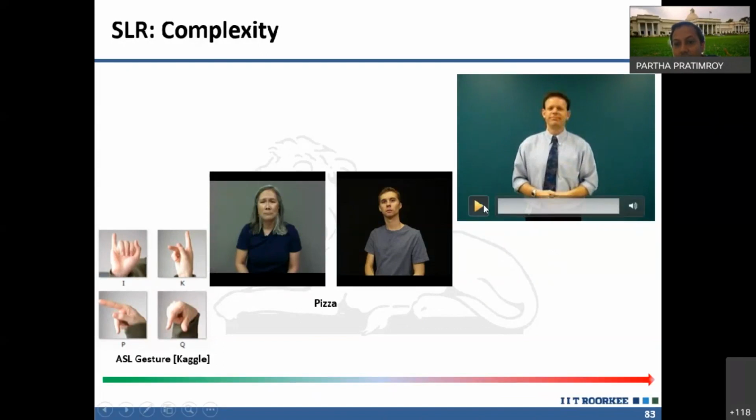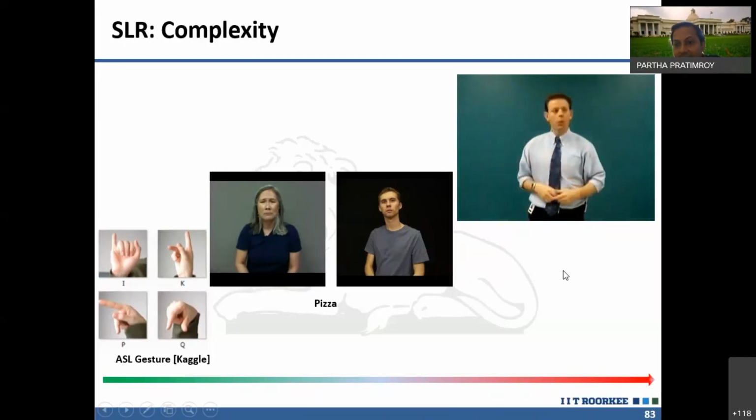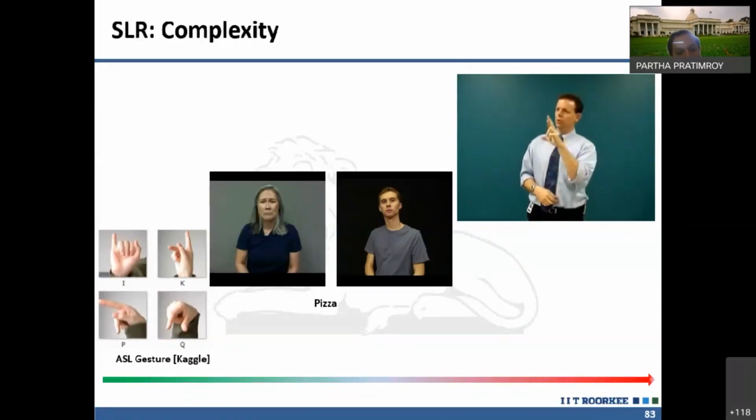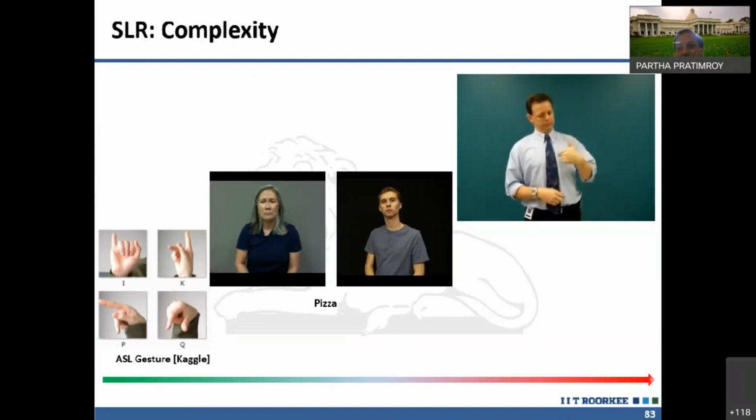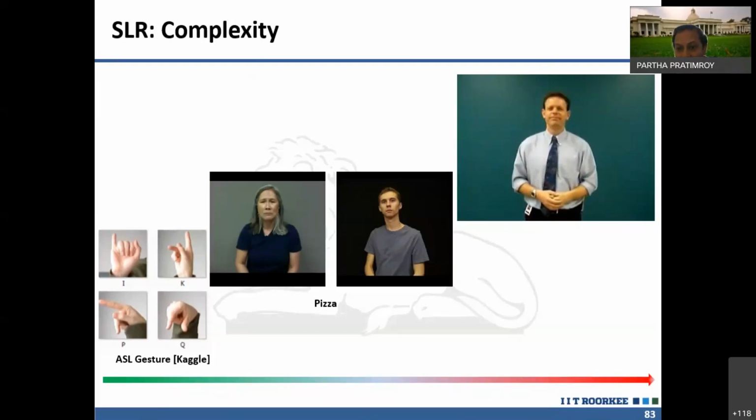This guy is using a full sentence. So can we use these models for translating these gestures into Hindi, English, or any language? There you have to use the many to one and then one to many that I explained.